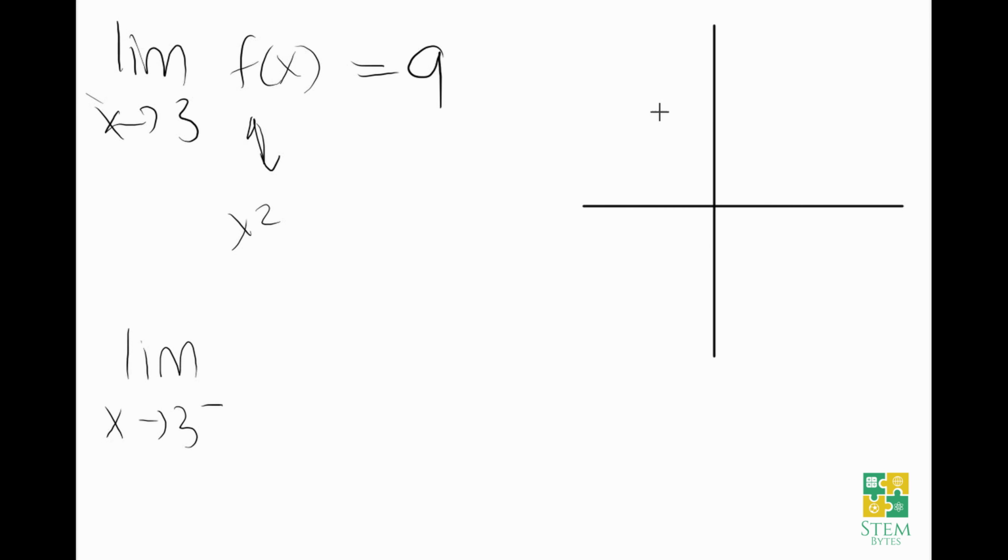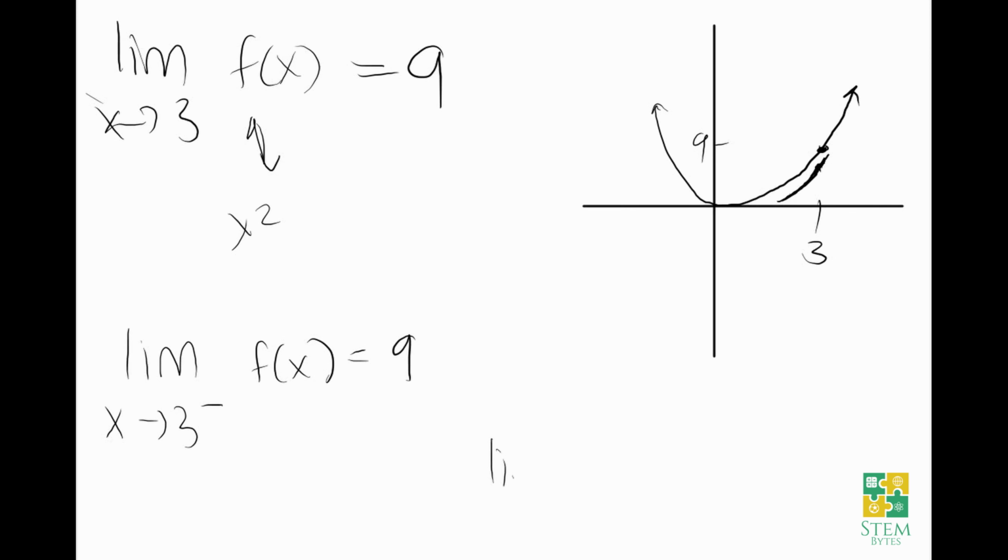And at x equals 3, we get 9, right? So as we're getting closer to 3 from the negative side, we're getting closer to 9. So this means that the limit is 9.